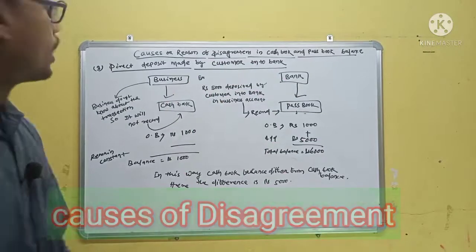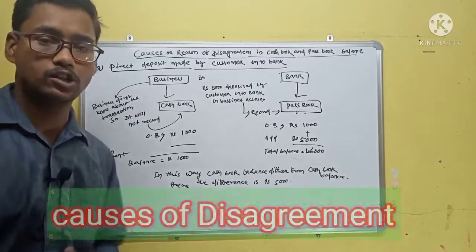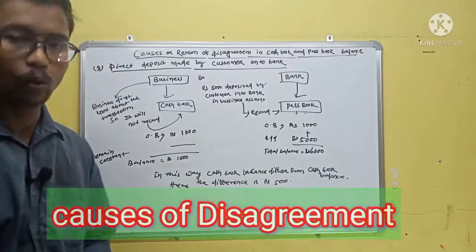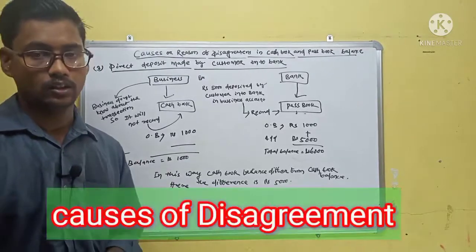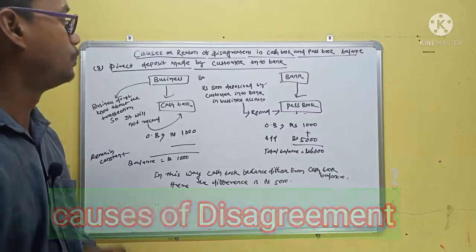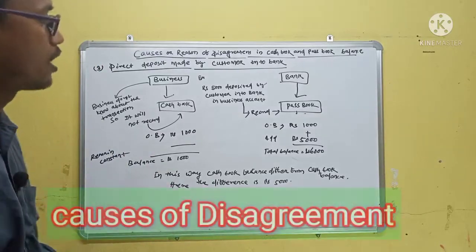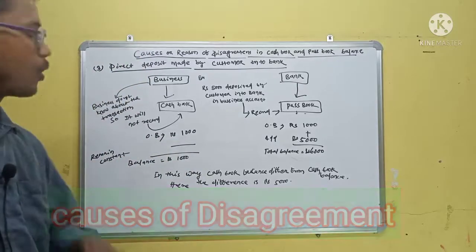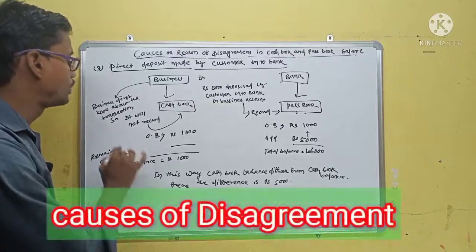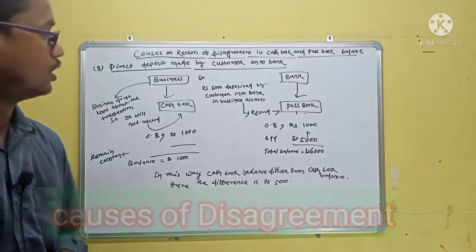Next is the direct deposit made by a customer into the bank. When a customer deposits a sum of money in the bank into the business account, it will be recorded only in the passbook, but the business does not know about the transaction, so it will not record it in the cash book.